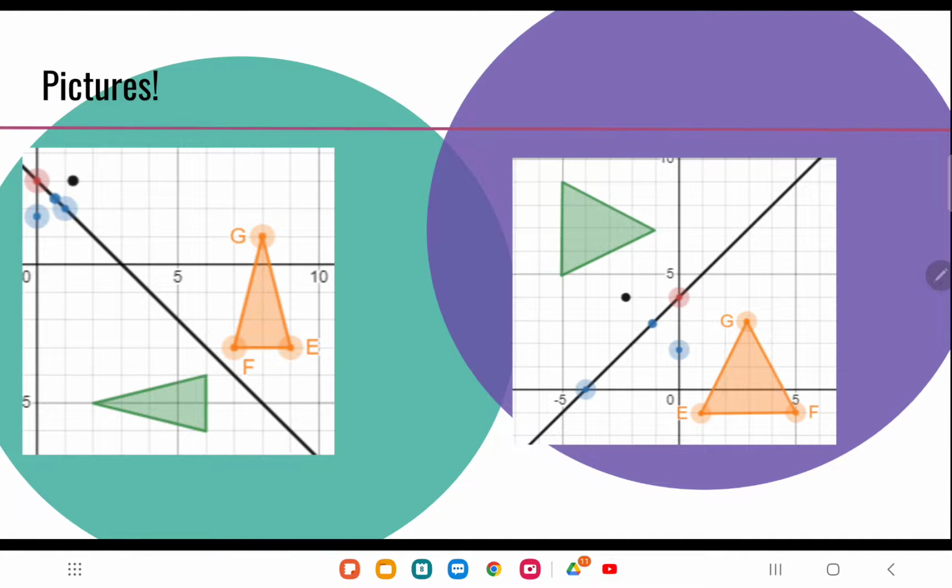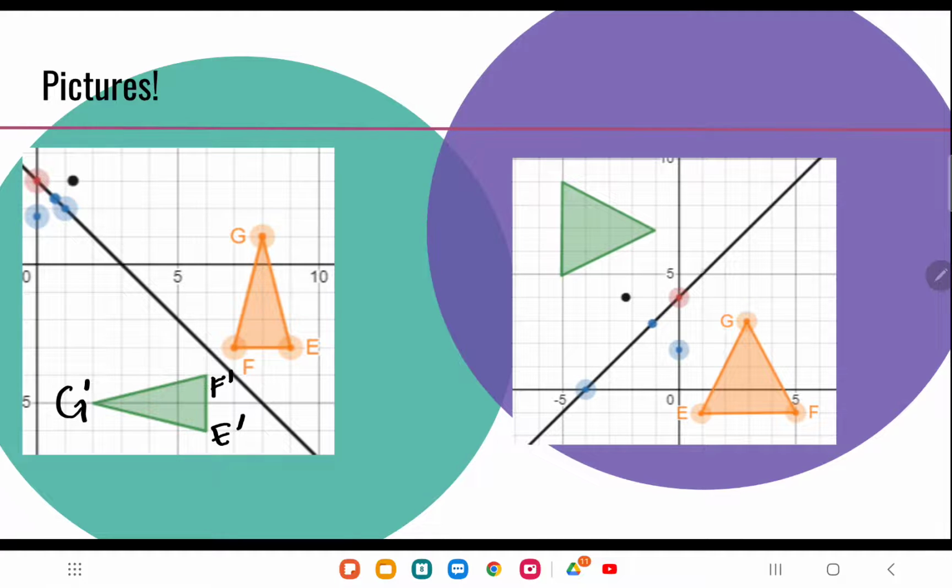Here are some pictures of this happening. This is the line negative x plus 3. And here's the line x plus 4, showing figures being reflected across them. We can see that F has been reflected to create F prime, E is reflected to create E prime, and G is reflected to create G prime.